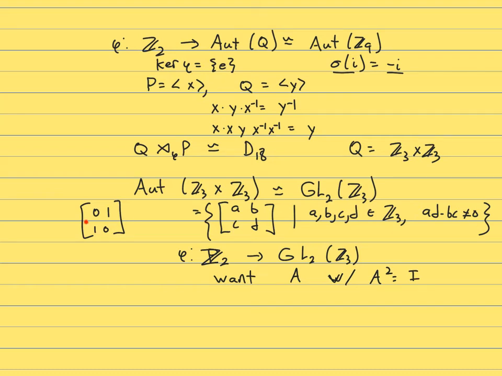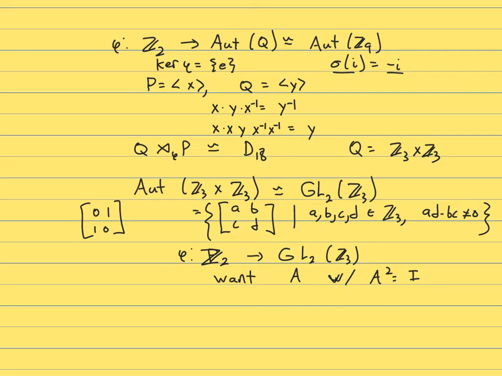Oddly enough, I just wrote one down. This is order 2 in any matrix group because it corresponds to a 2-cycle in S2. It's a permutation matrix, but it's certainly not the only one if you're working in Z coefficients mod 3, is it?